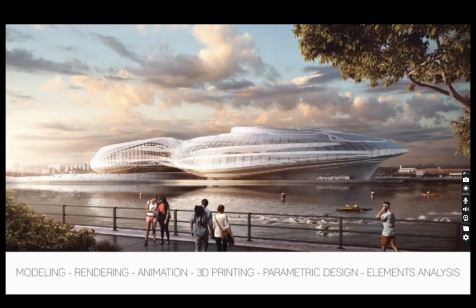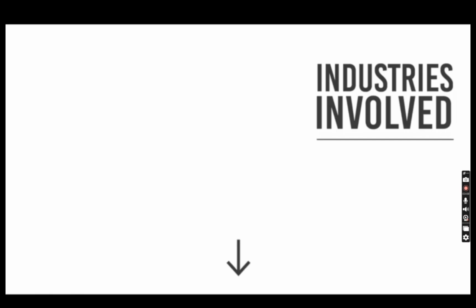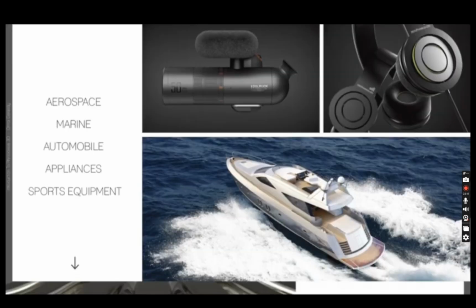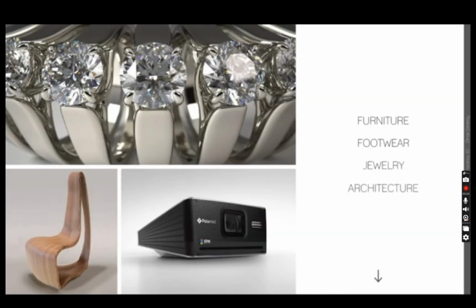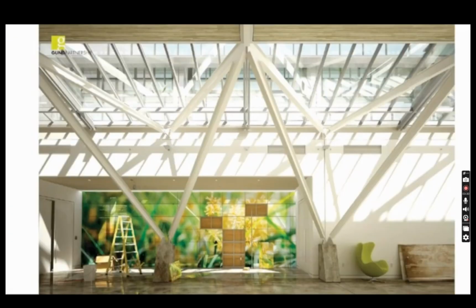The uses of Rhino: you can use the program for modeling, rendering, animation, 3D printing, parametric design, and elements analysis. The industries involved: we can use this tool in aerospace, marine, automobile, and all sports equipment. You can design these objects in the program. Furniture, footwear, jewelry, you can design all of this using the same program.